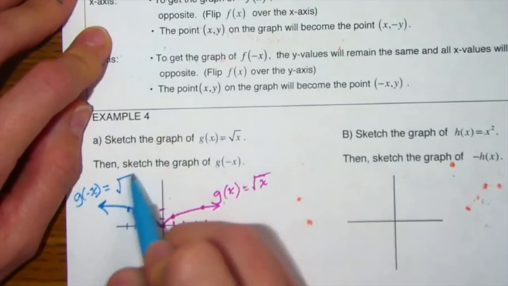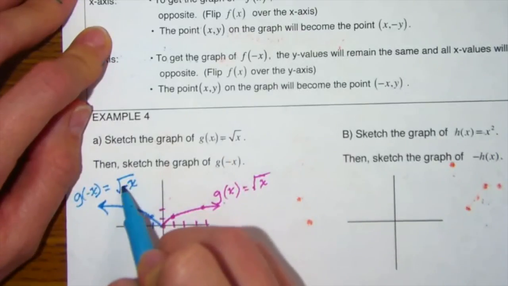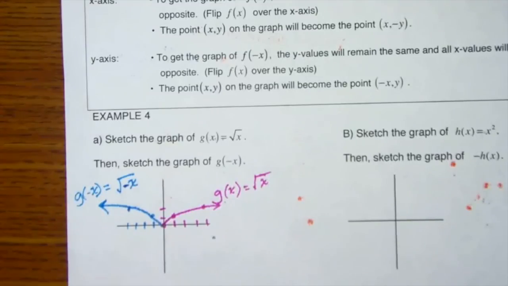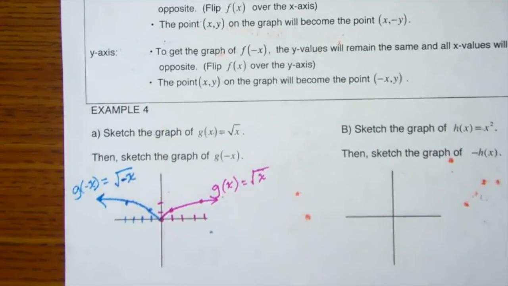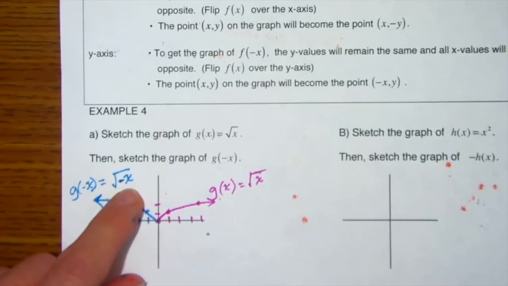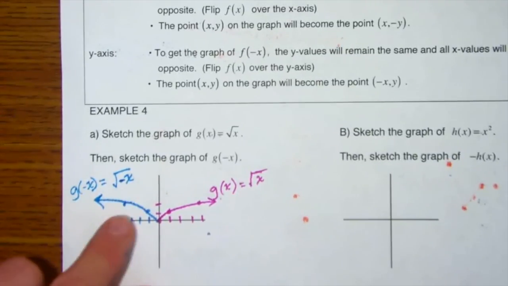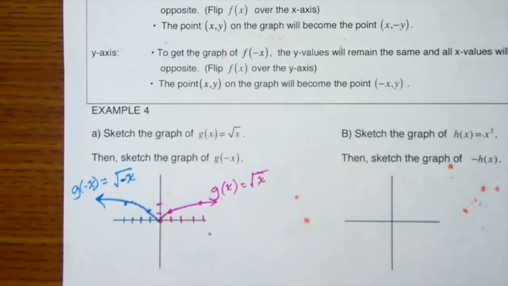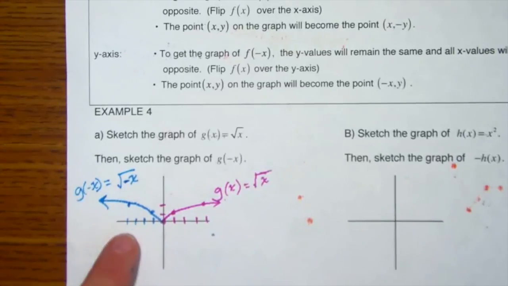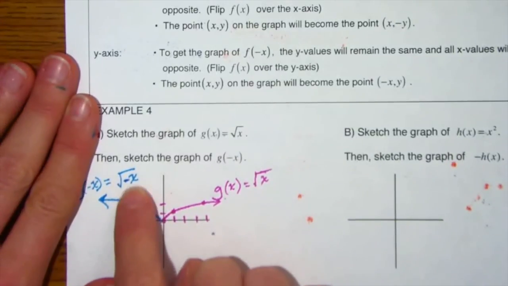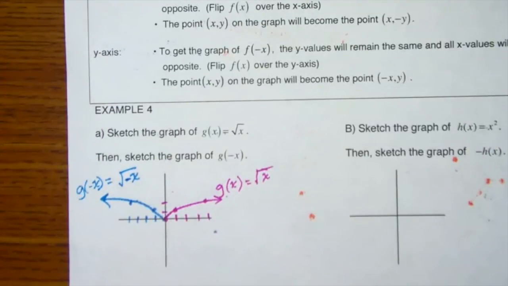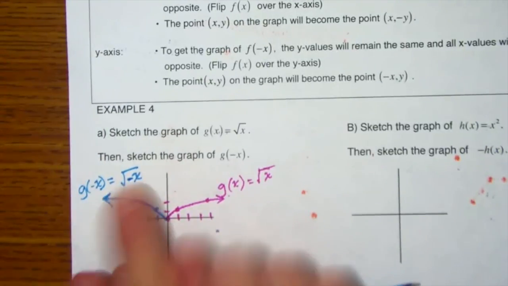You bet. We can't do the square root of negative 2, but all my x's need to be negative, so that gives me a positive y value. Make sense? All right, so this is what our graph looks like.